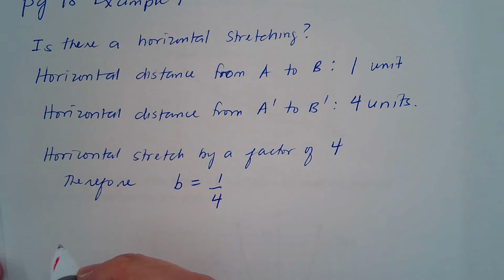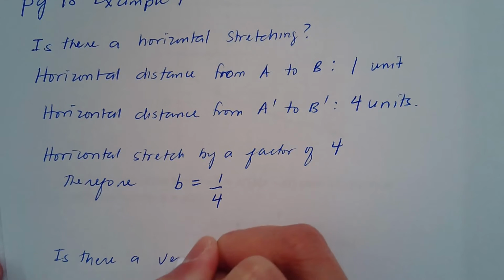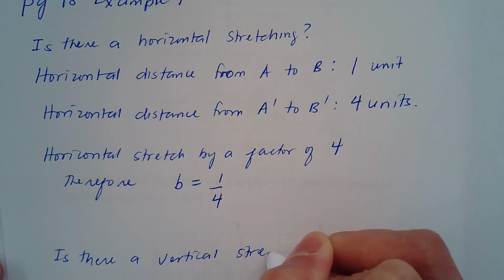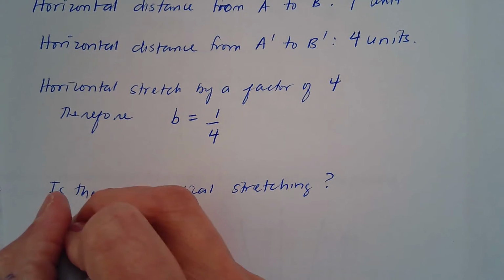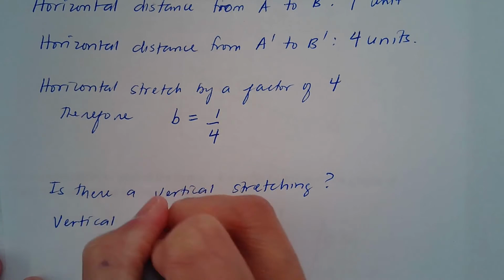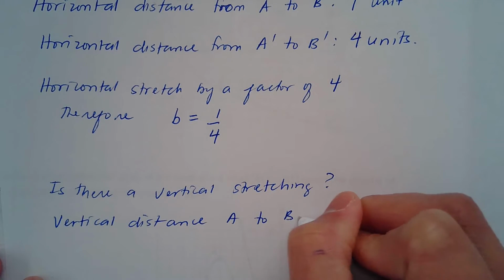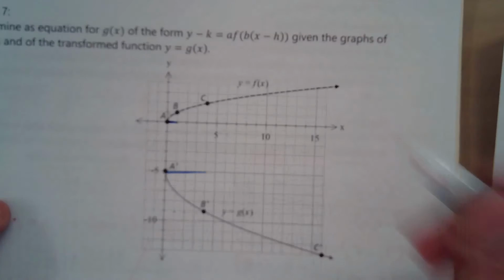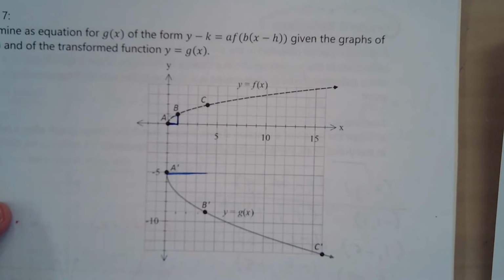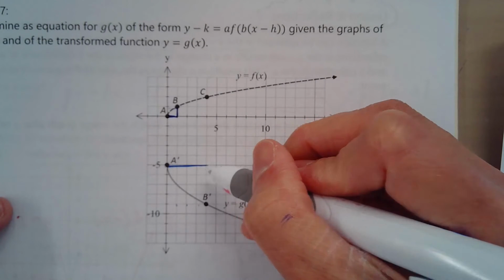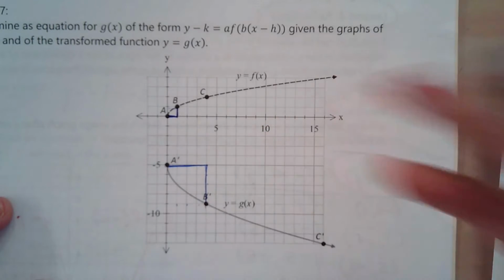Now, let's see if we can figure out the vertical. Is there a vertical stretching? Well, let's see here. Vertical distance from A to B. Vertically, how far are they? It's 1 unit, right? And then from A prime to B prime, it's also 1, 2, 3, 4 units.